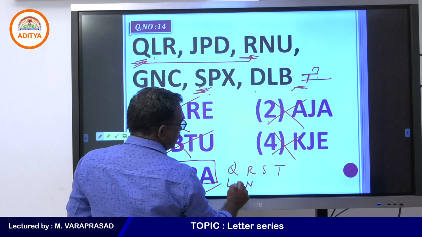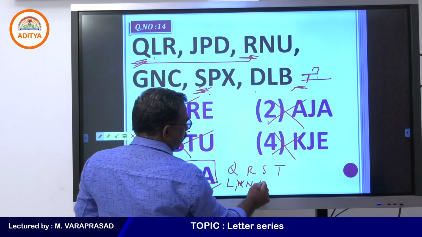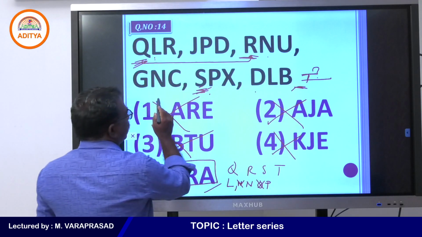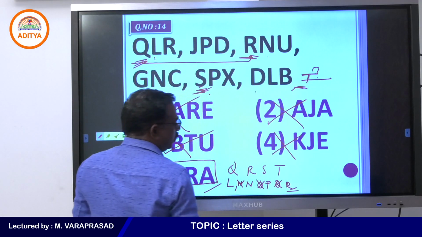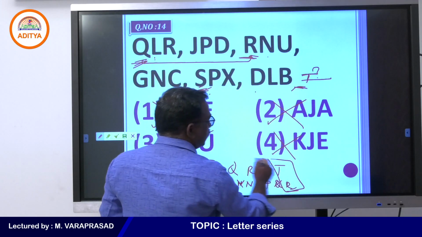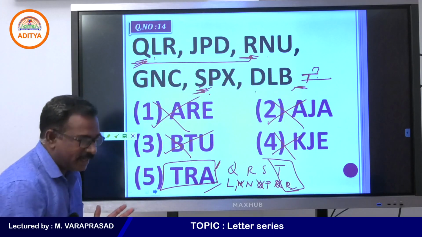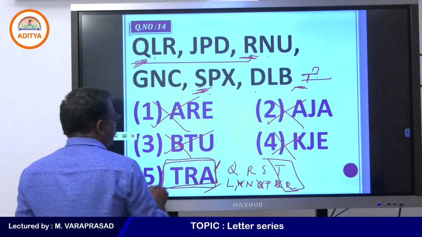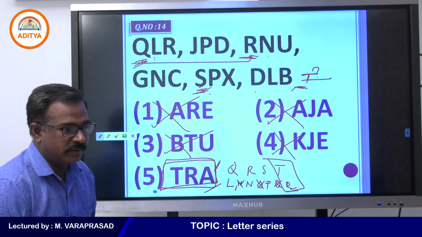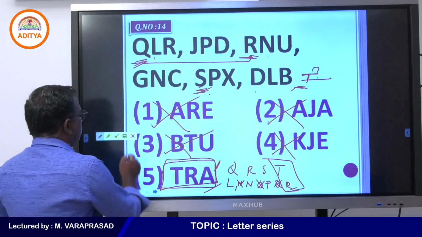So M is missing, O will be missing, P is there, Q will be missing, R. If you take the second letters also, we can confirm that T, R, A is the option for this question, right.